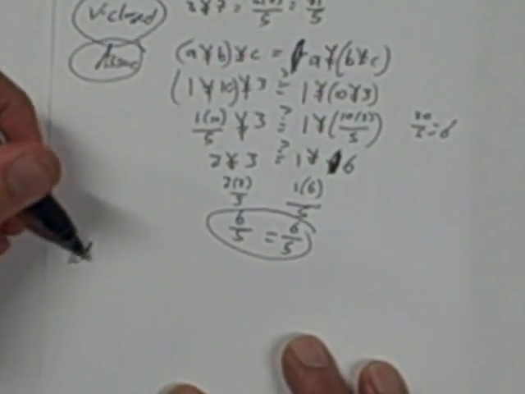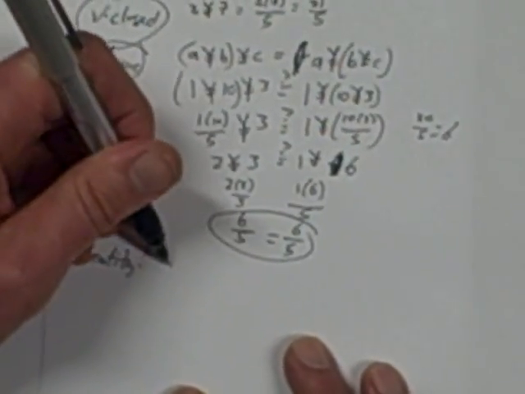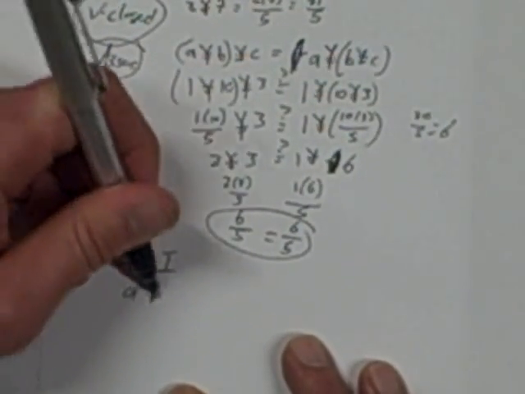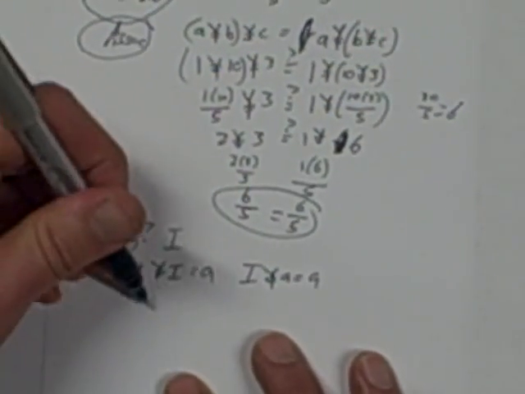Checking these. We've done closure, associative. Does it have an identity? In other words, is there some number, I'll call it I, that if I go A combined with I, I'll get A back. And if I go I combined with A, I'll get A back. And what I notice is this is AB over 5.